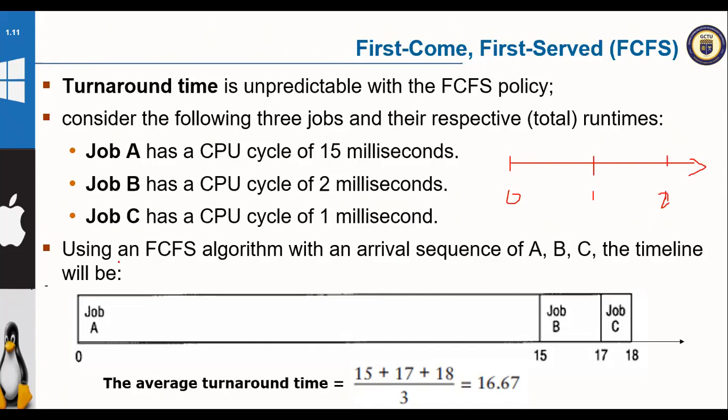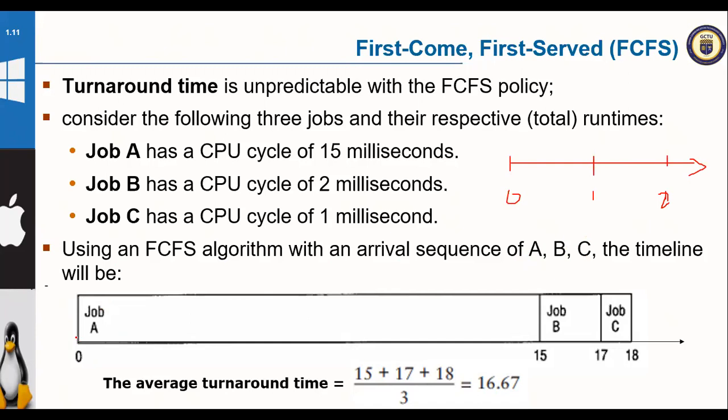Okay. Now, using the first come, first serve algorithm, assuming the jobs arrived in the order of A, B, C. A came first, B came next, and C came last. The timeline of the CPU will be like this.